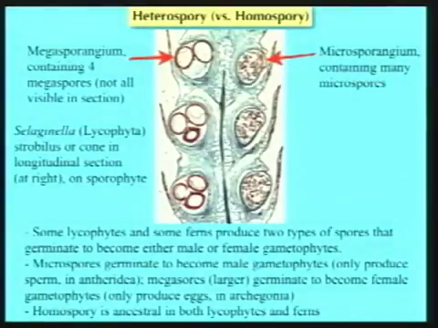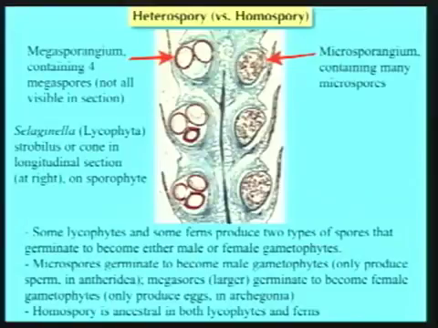Okay, so we're at the point now where it's really important to introduce this concept of heterospory, which just means basically other spores, where there's more than one type of spore, as opposed to homospory where there's only one type of spore. And the fern that we just looked at, that life cycle was homosporous.